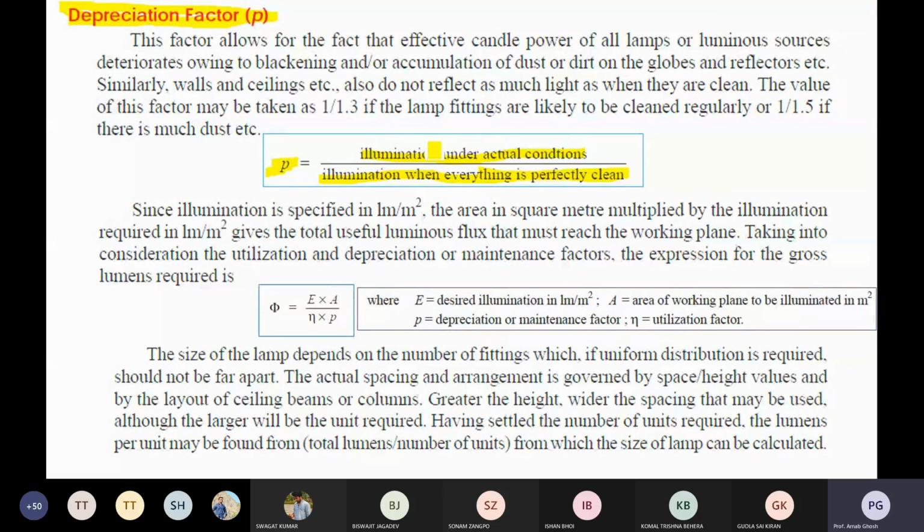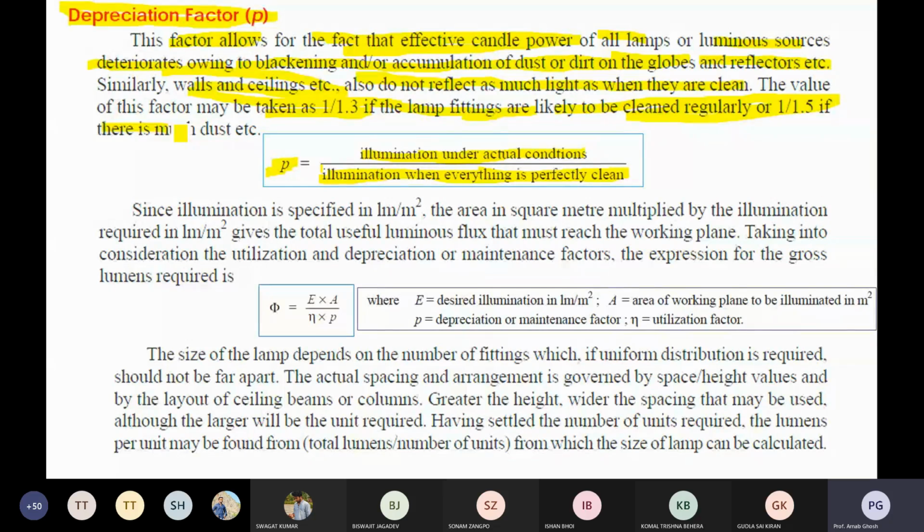So you have to think about this when calculating. The value of this factor may be taken as 1 by 1.3 if the lamp fittings are likely to be cleaned regularly, or 1.15 if there is much dust there. So the value will be 1 by 1.15 when it is cleaned properly, meaning 10 by 13.